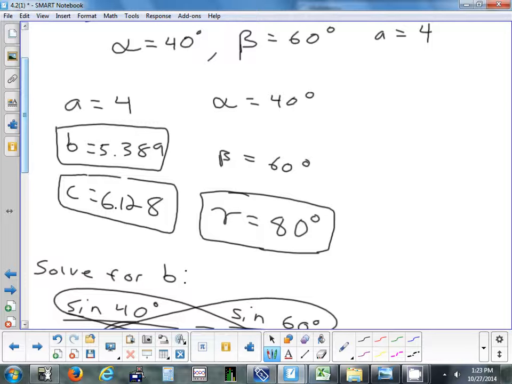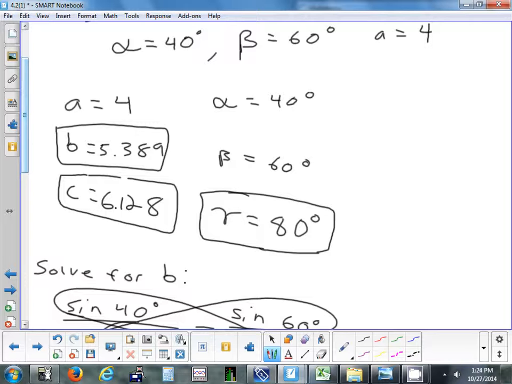Like if I add A and B, I get 9.3 roughly. That's bigger than C. If I add B and C together, that's bigger than A. If I add A and C together, I get 10.128. That's bigger than B. That's a relationship that's true in any triangle. Two sides added together is always bigger than the third. If that didn't work, then something's telling you it's not right. Okay, something's wrong.